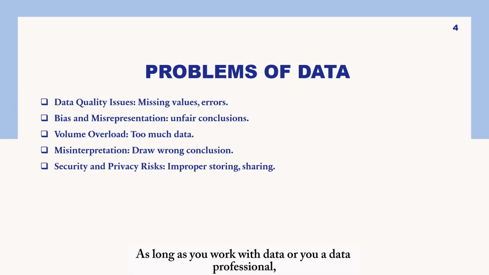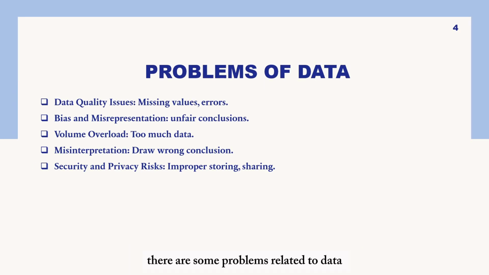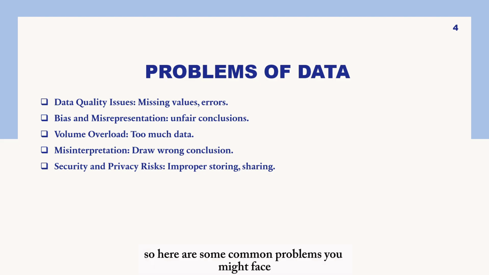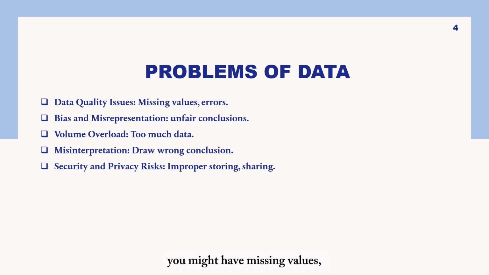As long as you work with data or a data professional, there are some problems related to data that you will encounter. Data comes with challenges, so here are some common problems you might face. Data quality issues. You might have missing values, errors, or inconsistencies, and this can lead to unreliable results if not properly handled. Bias and misrepresentation.